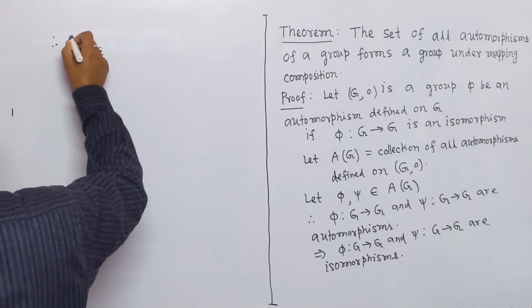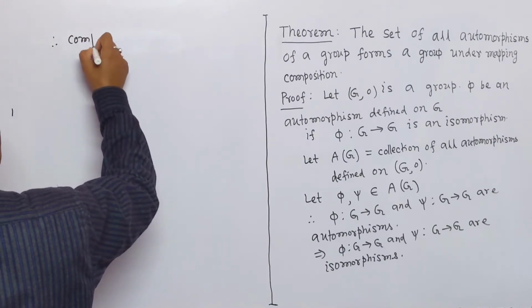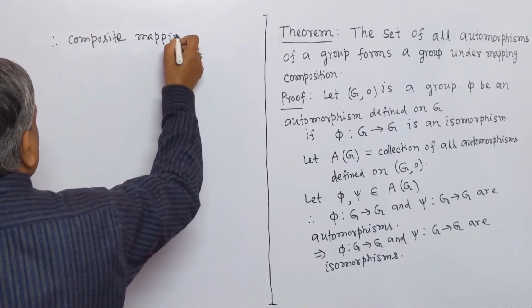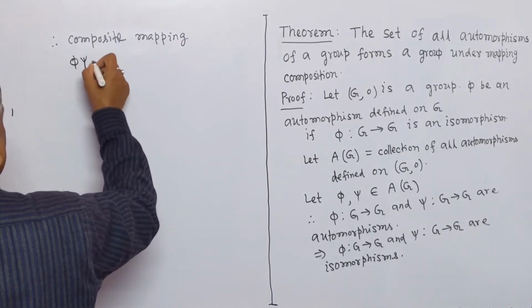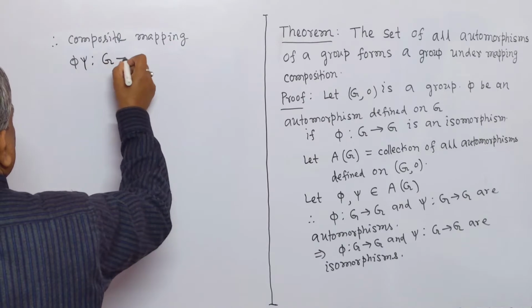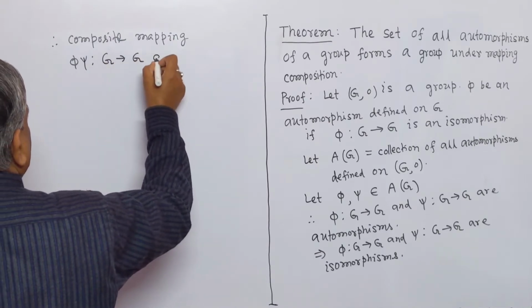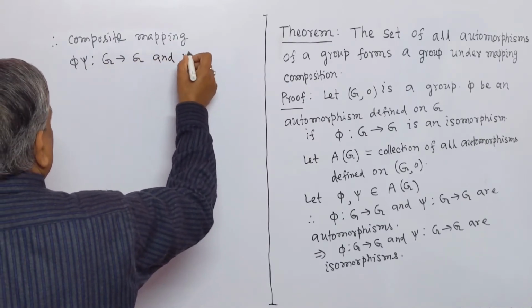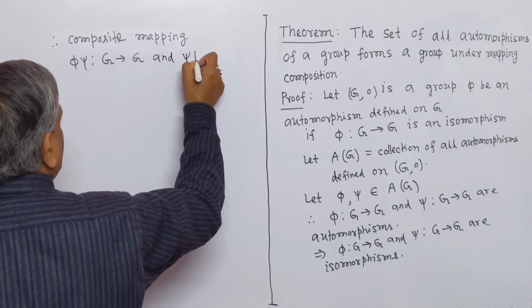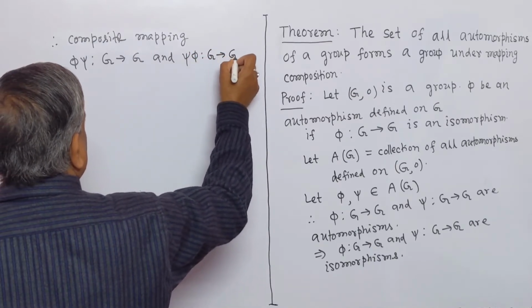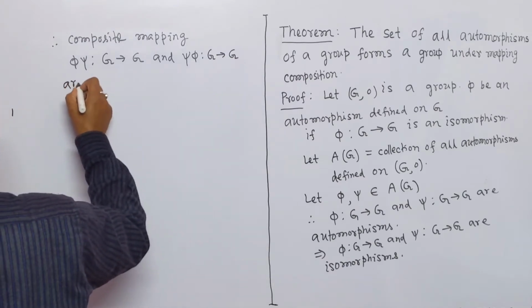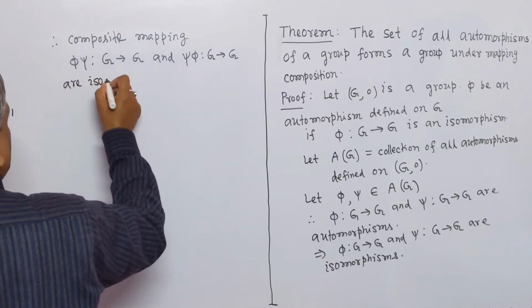Therefore, the composite mappings phi psi from G into G and psi phi defined on G into G are isomorphisms.